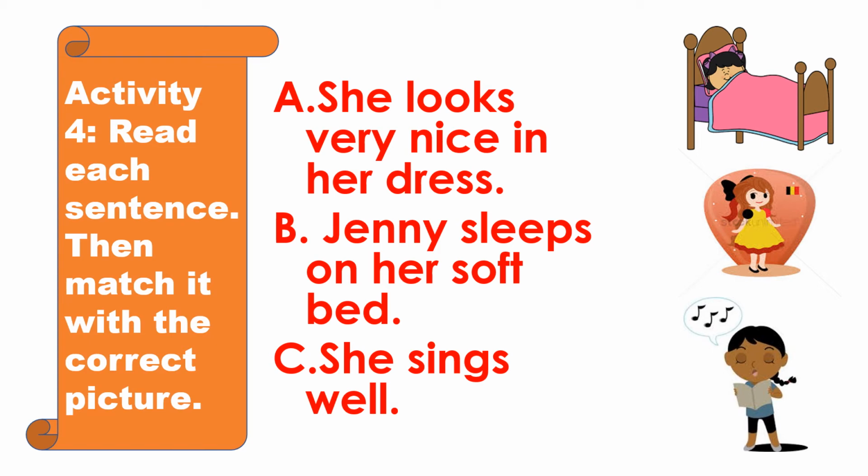Let's match. Letter A, she looks very nice in her dress. So, let's go in this picture. Letter B, Jenny sleeps on her soft bed. Okay. Where's the soft bed? Here. Okay. And the last one, she sings well. Here. Okay, that's good.